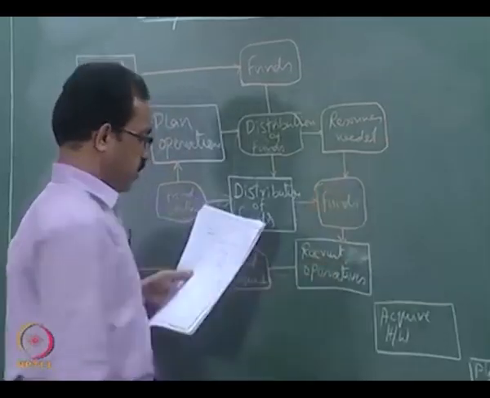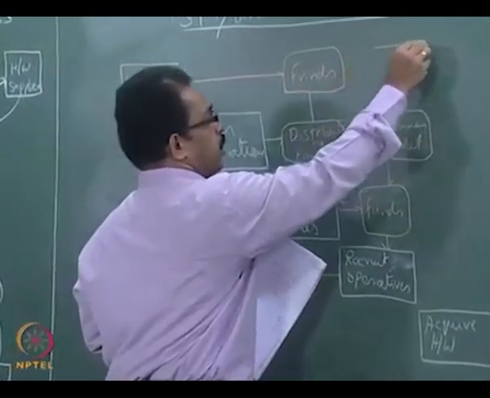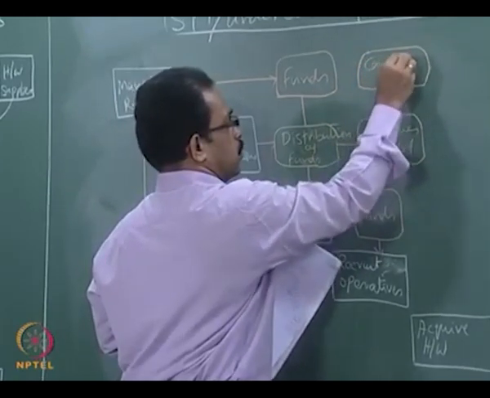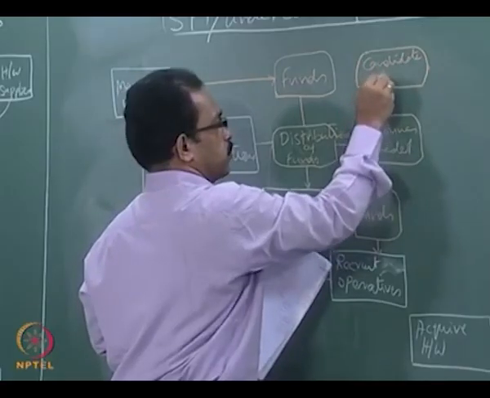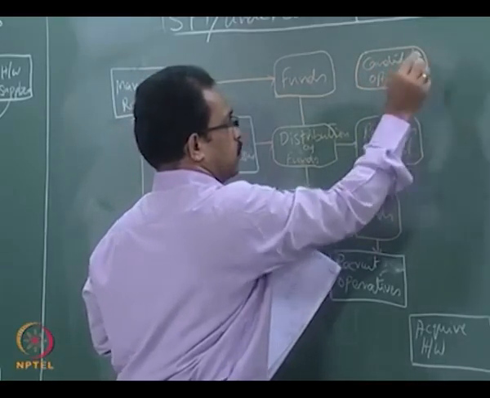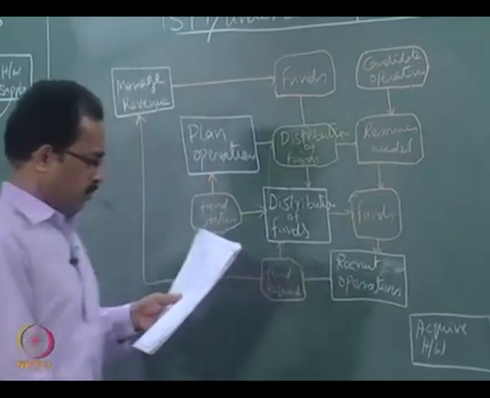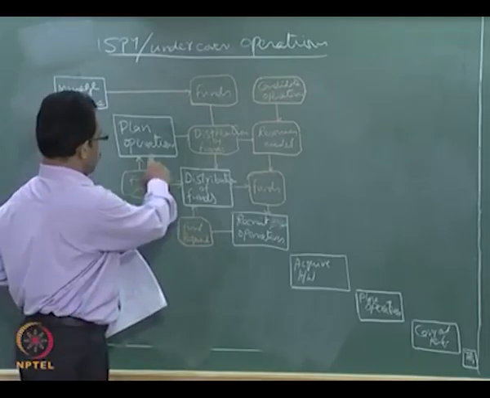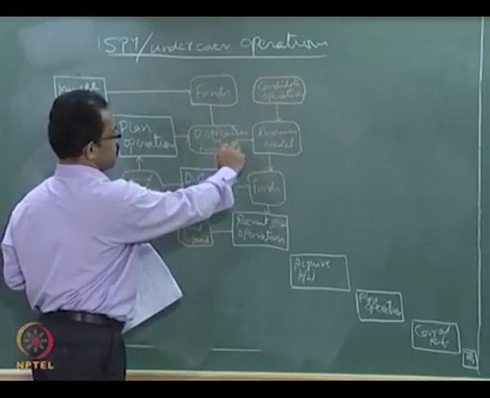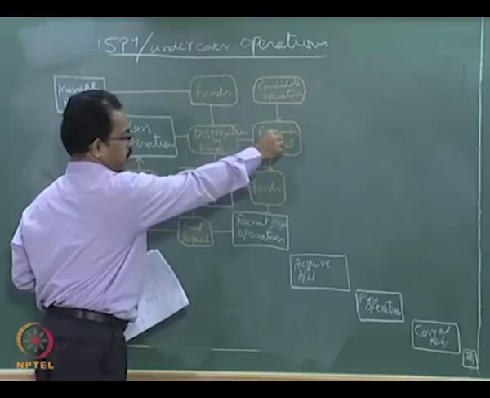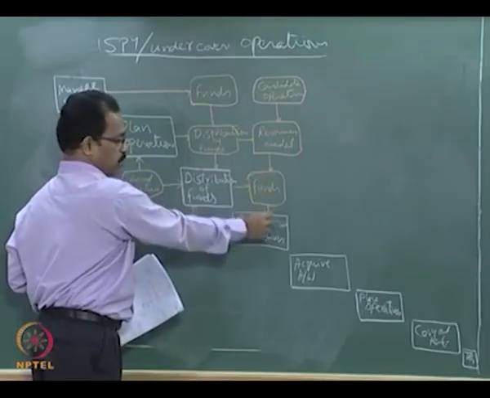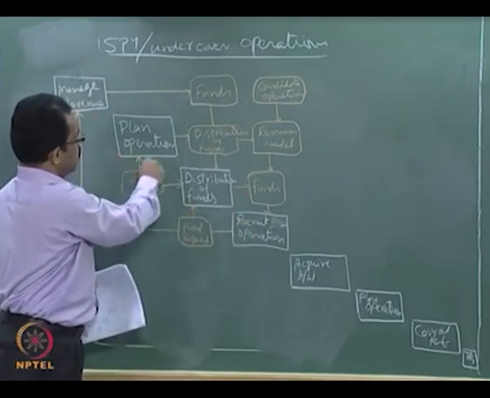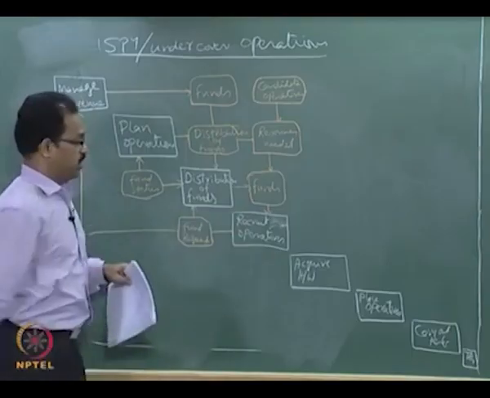And that will be informed here, and then the candidate operatives will be selected. So you can see here that the interaction for the plan operate is basically doing this distribution of funds as well as the resource requirements, and the funds will be provided to the recruit operation, and they will be doing all the recruitment operation. I can see that there will not be any interaction between the managed revenue and recruitment operation.